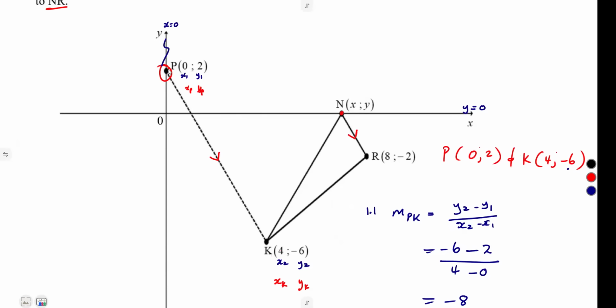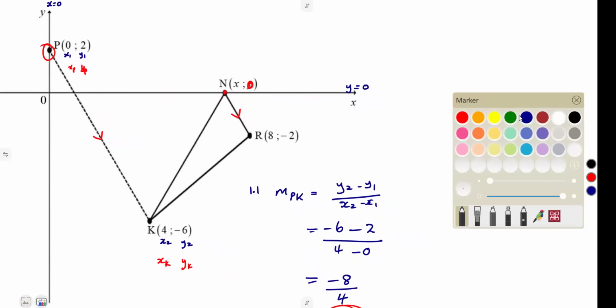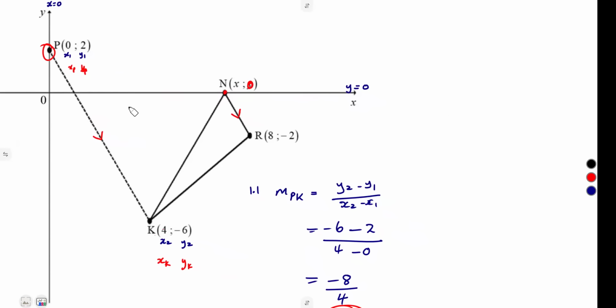The x is equal to 0 throughout the y-axis, and throughout the x-axis, y is equal to 0. So at the point N, we know the y value is 0. What you need is to find the x value, then you are done. So how can we determine the x value, guys? Let us consider what you are given here, or the properties of these two lines. You are told that they are parallel.